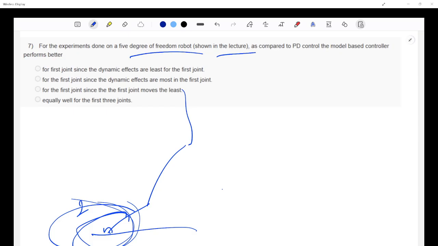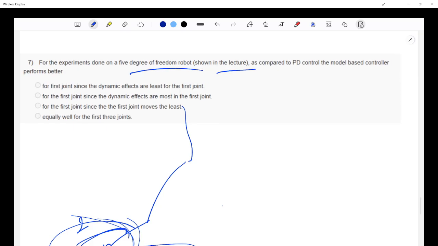So here in the second option we have for the first joint, since the dynamic effects are most in the first joint. The other option, for the first joint, since the dynamic effects are least for the first joint, is completely wrong because the opposite is true. Joint 1 has maximum dynamic effects.